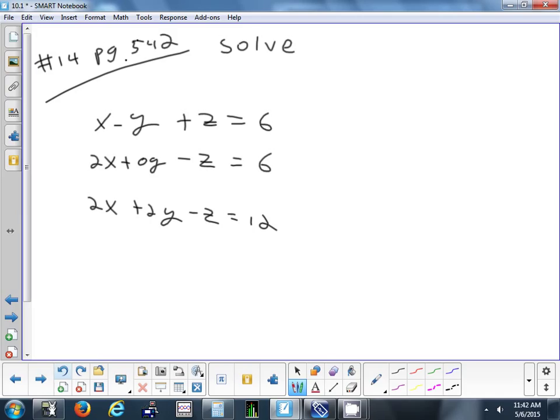I already have a 0 for y. Why don't I try to get a 0 for y somewhere else? Maybe multiply the top equation by 2 and add it to the third equation. That would cancel the y's out. Then I'd have 2 equations with the y's already gone. If you don't want to use this to help you, don't. Try to get zeros somewhere else, but that might be easier.